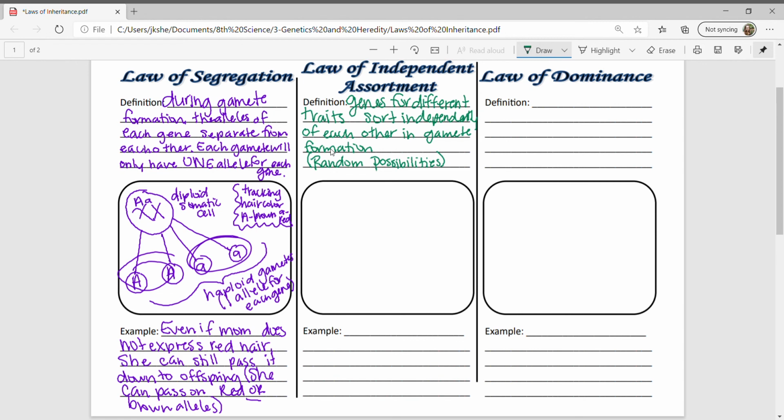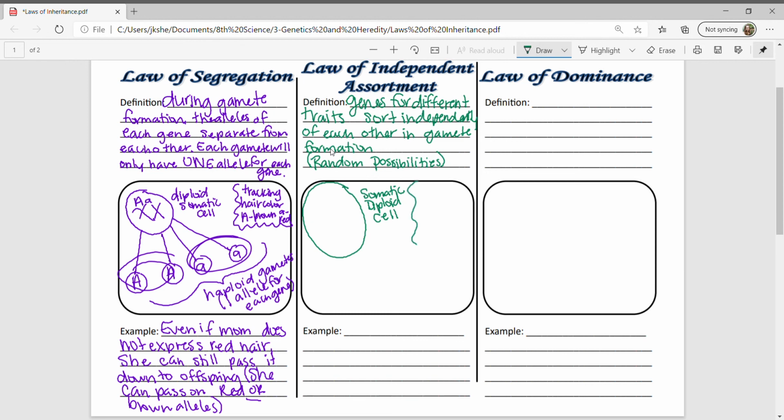So let's talk about what we mean by this. Once again, if we look at a diploid cell, it's called a somatic diploid cell. Now, if we're looking at the somatic diploid cell, we know that we have two alleles for each gene.